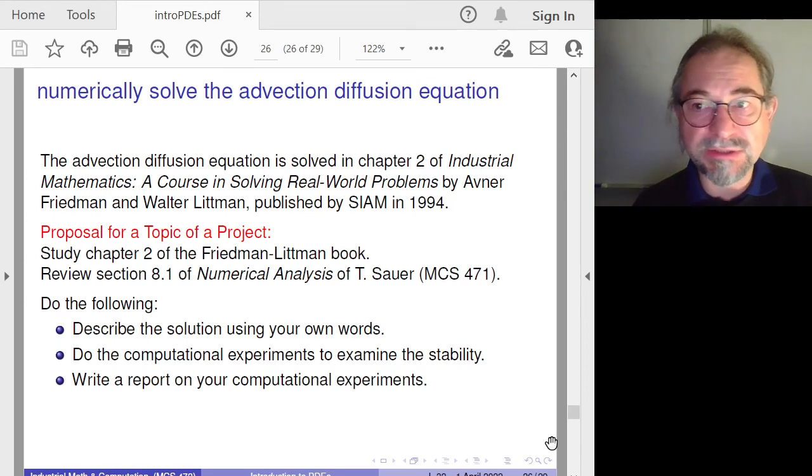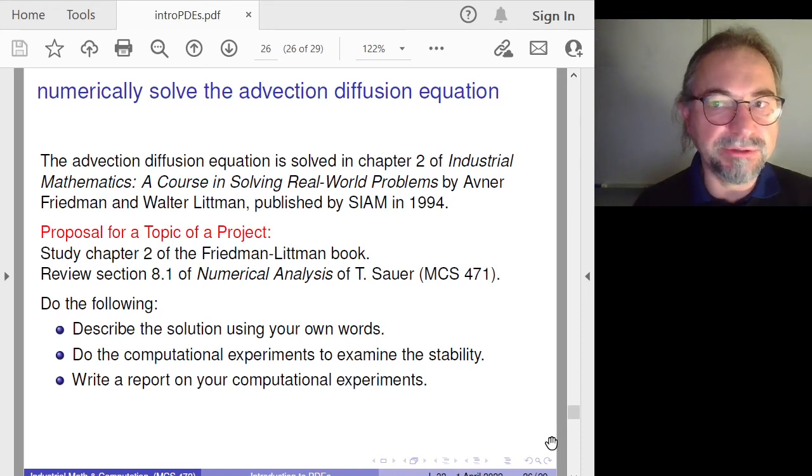In that course, we just started with the heat equation. We don't really care of any other equation, and we studied the methods. The advantage of this project is that now you see it applied in a practical, real-world problem.